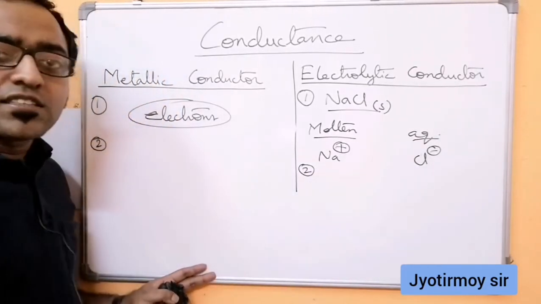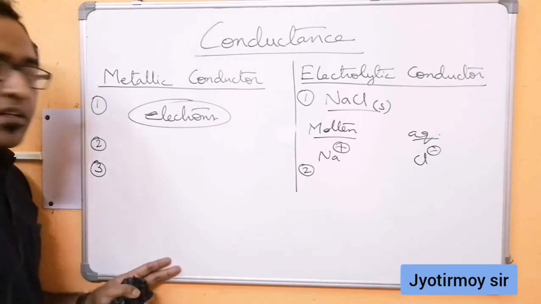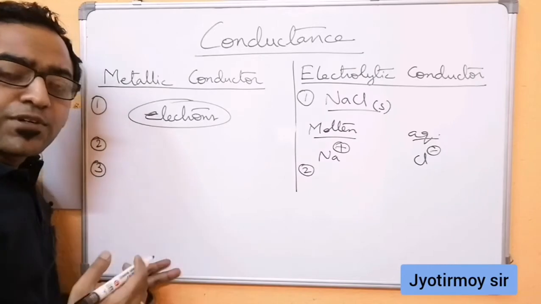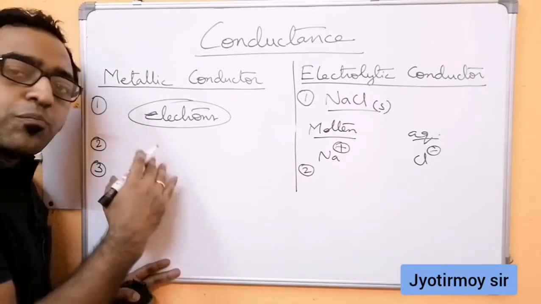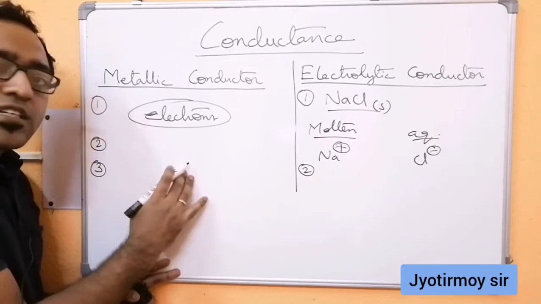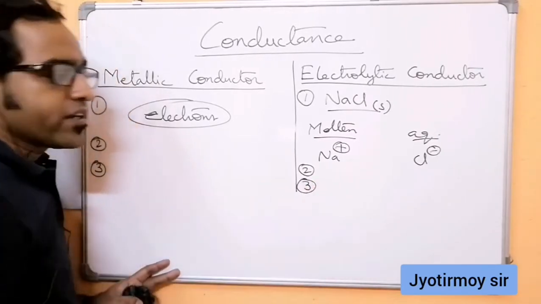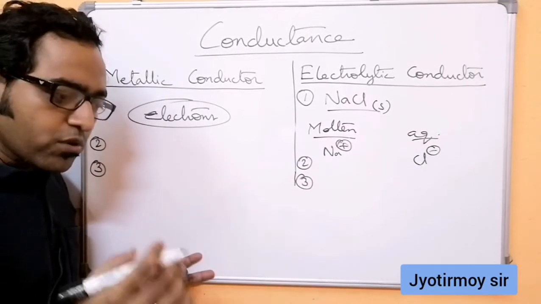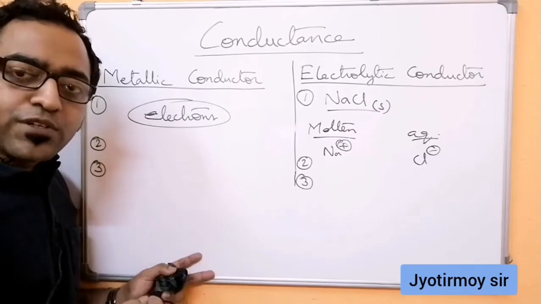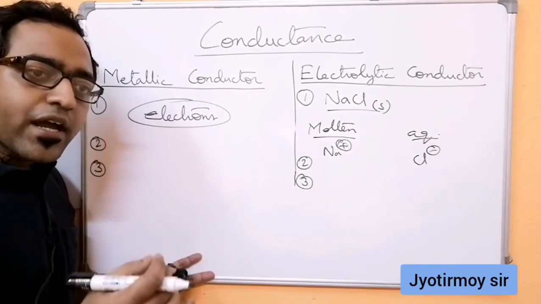The third point: electrons have negligible mass, so whenever an electron is transferred, no mass is transferred. So here we will write no mass transfer takes place. Suppose you have added sodium chloride in water. It will produce sodium ion and chloride ion.